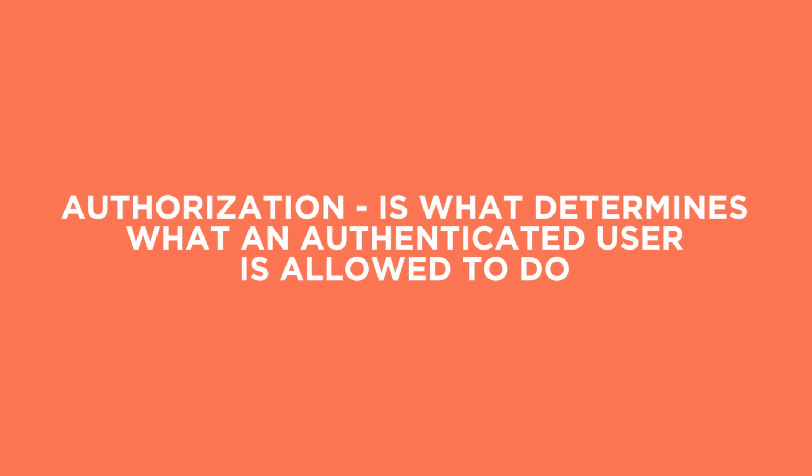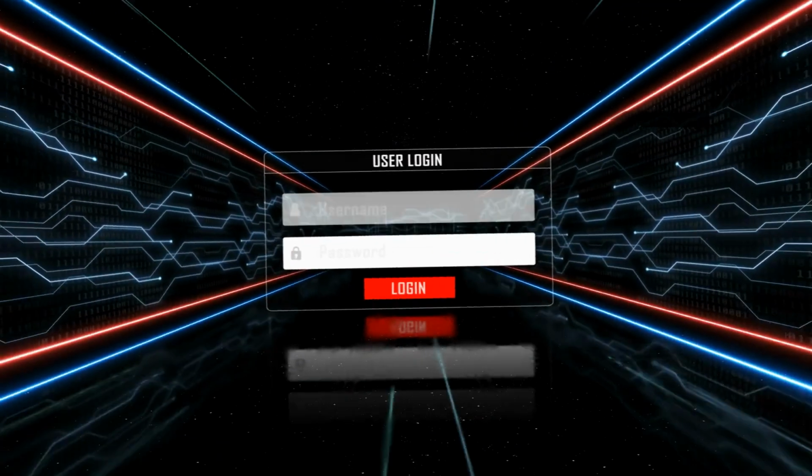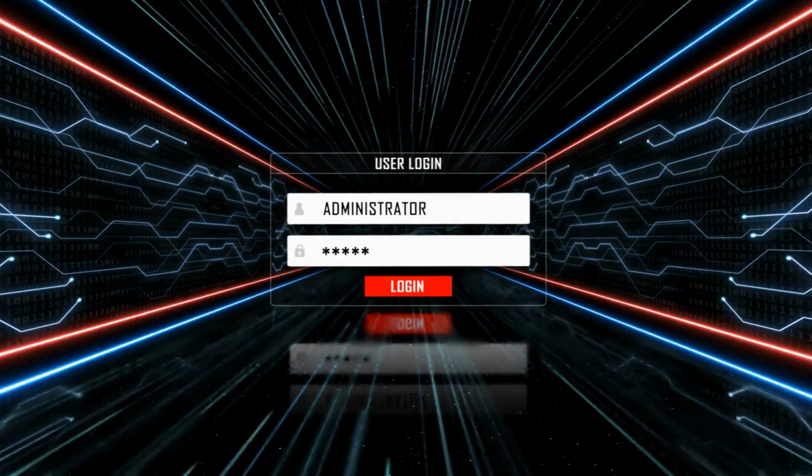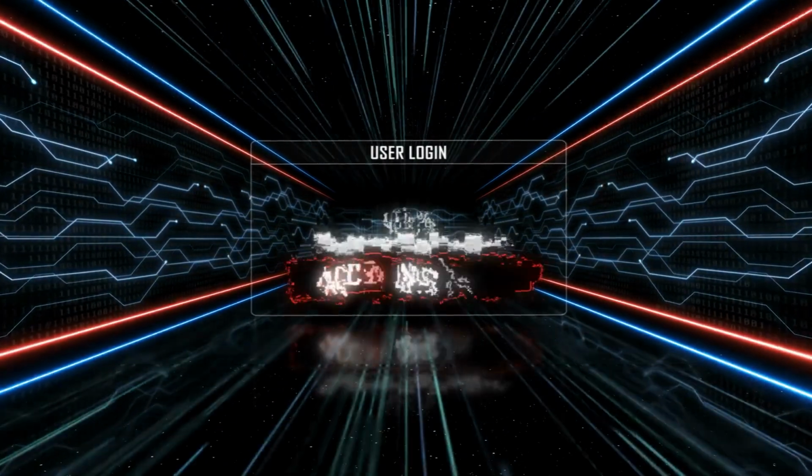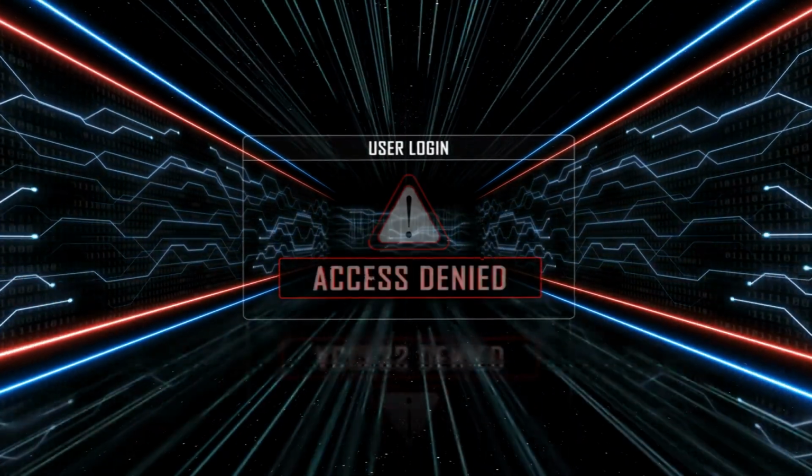So that's authentication. Now, authorization is what determines what an authenticated user is allowed to do. And that starts right away. Like, are they even allowed to connect to a database? Because a database server can have more than one database, and you can authorize those users to only be allowed to access certain ones.